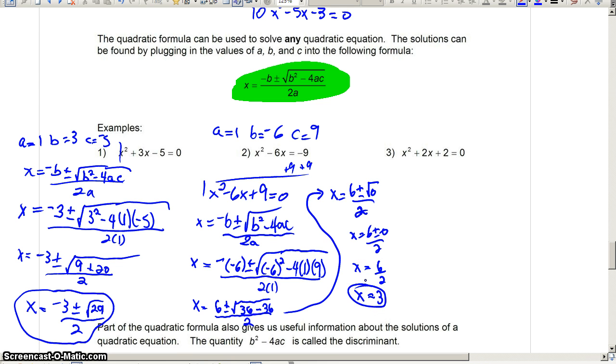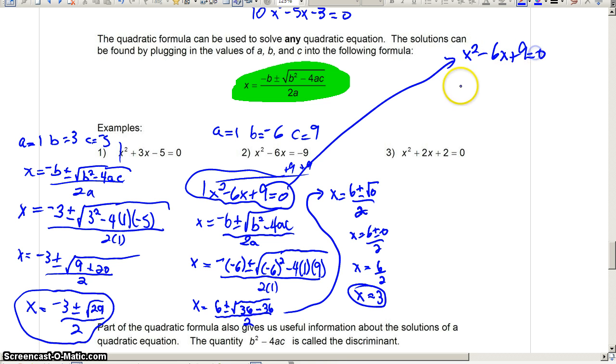Now, by the way, if you were really on your toes, you would have looked at this equation right here. You would have said, wait a minute, this factors. Now, of course, what you can see very quickly, we know that we'd have to multiply to a 9. We'd have to add to a negative 6.